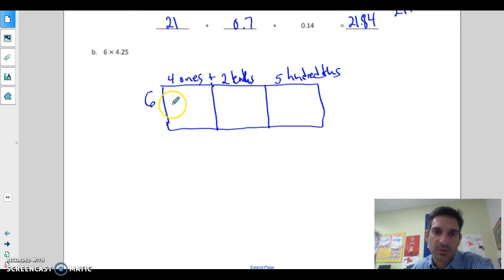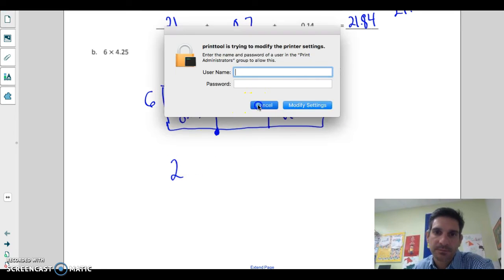Okay, so that's 24 ones, decimal point, 12 tenths, 30 hundredths.